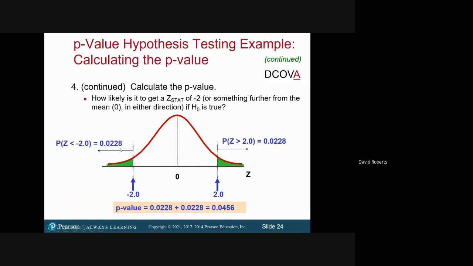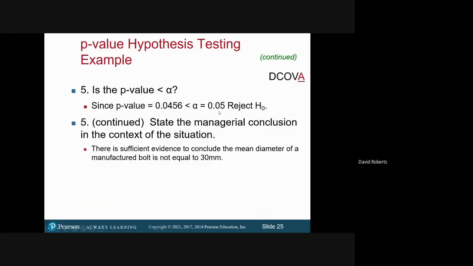So you have 0.0228 on the left and the same number on the right. You add them together to get a p-value of 0.0456, or in other words, 4.56%. But the p-value is less than the rejection region, than alpha. So you reject H0. So in other words, the p-value is in the tail.